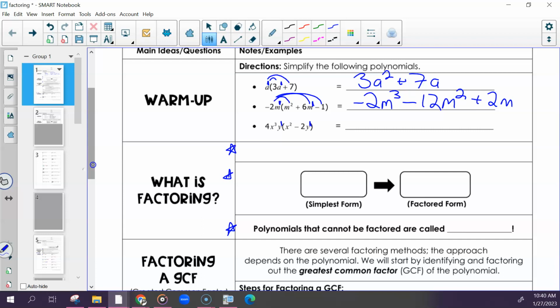This next one's a little tricky because it has 2 variables, but not both variables are there. When we multiply those, what would that be? The numbers, so the 4 is going to stay the same. The y is going to stay the same because there's only x's, but what would that new exponent for x be?